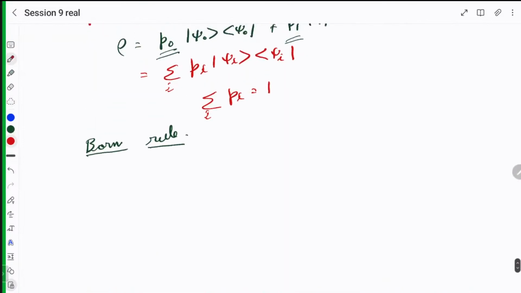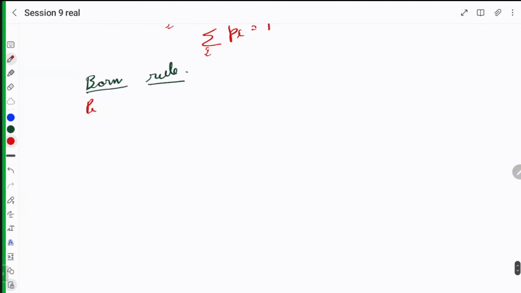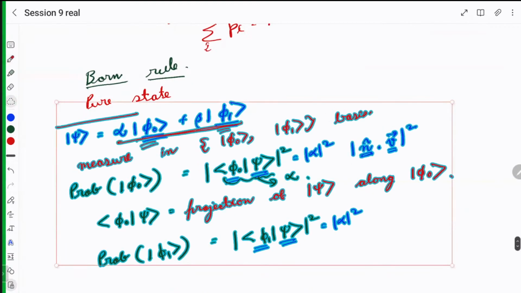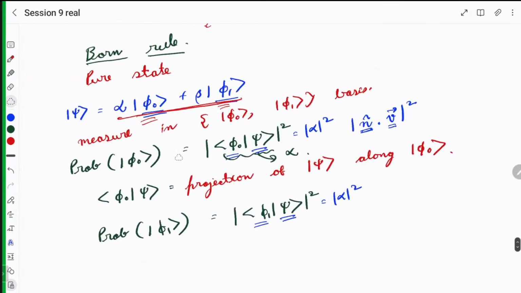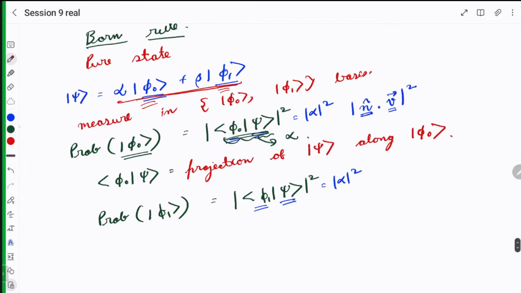So for a pure state, we had this. It told us the probabilities of getting different outcomes. It said the probability of getting phi naught, if we measure, is just the projection of psi along phi naught, mod squared, and so on and so forth. So this is something which we have already seen.